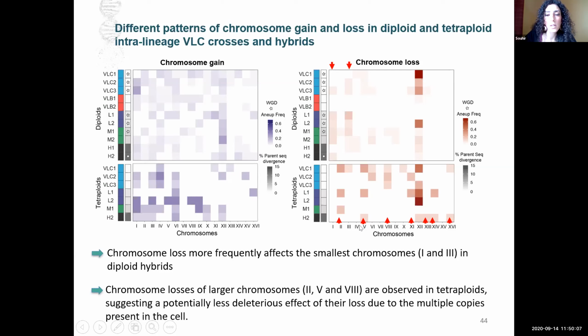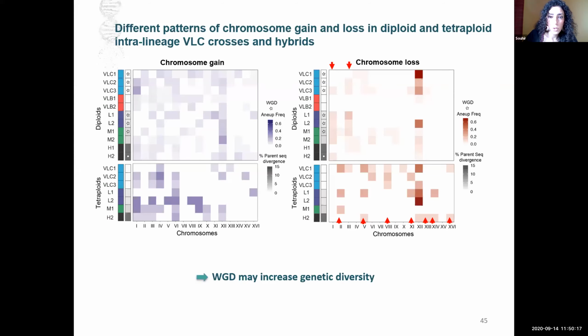So this suggests that the loss of large chromosomes is less deleterious in tetraploids due to the multiple copies present in the cell. So our results confirm that whole genome duplication may increase genetic diversity in the intralineage crosses and also in hybrids.